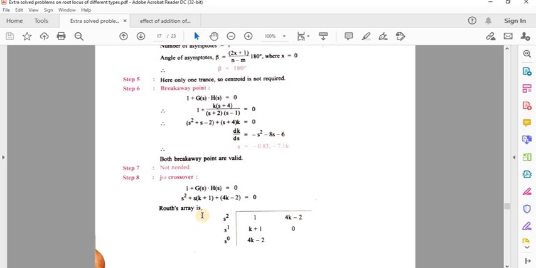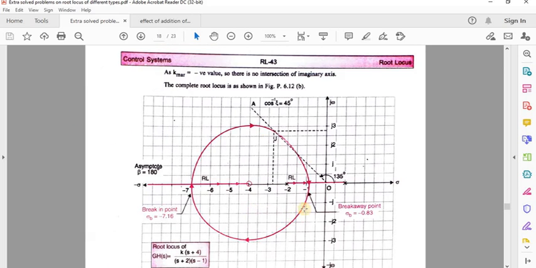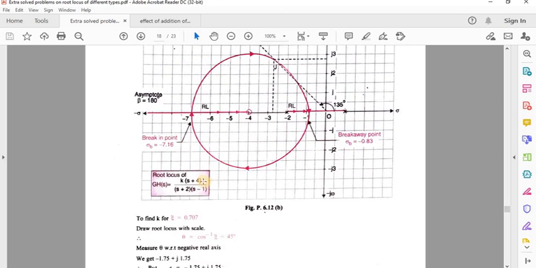If there are two breakaway points, then the root locus will be a closed one, starting from one breakaway point and ending at the other. The first breakaway point is sigma b, which is minus 0.83. The second break-in point is sigma b minus 7.16. Just connect both of them and give the arrows, because it is leaving the breakaway point. Simple example.